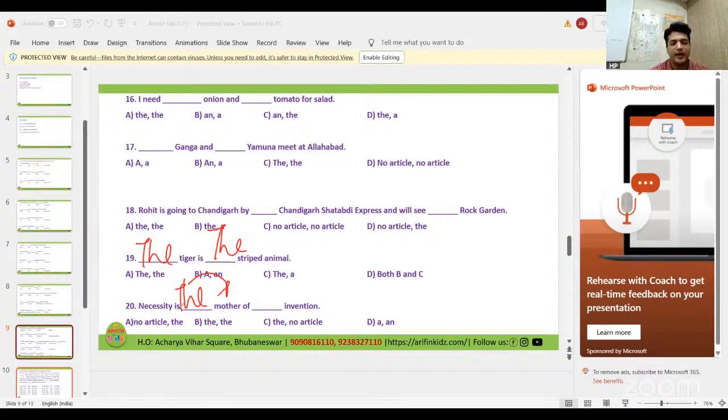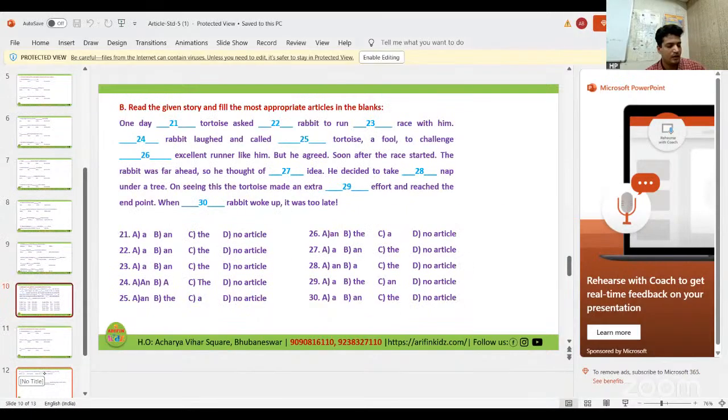We want to specify a relationship of invention, right? Invention, again, does not take any article. So necessity is the mother of invention.